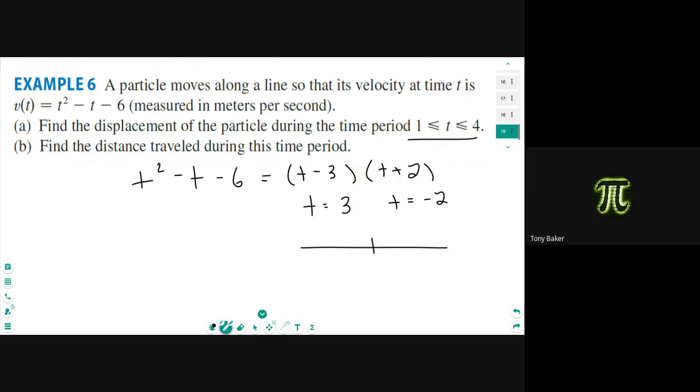So number line with a 3 in the middle, 1 there, 4 there. So pick a number. Pick a number. Uh, 7/2. So 2 is going to be negative and positive. So this is going to be negative. 7/2, it's going to be positive. So that's positive.